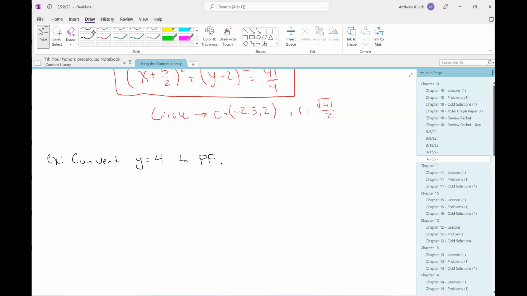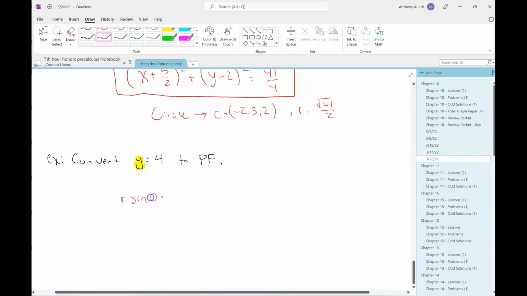Everybody's okay? All right. So the goal to get this into a polar function is we need to get it back in terms of r and theta. Well, the obvious thing to do is take my y and replace it with r sine theta.